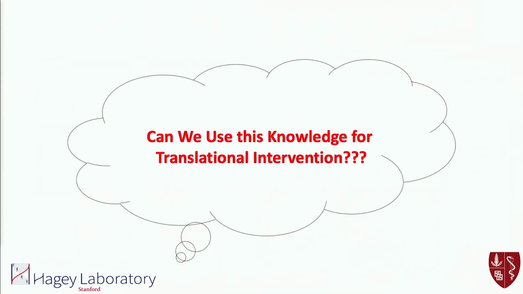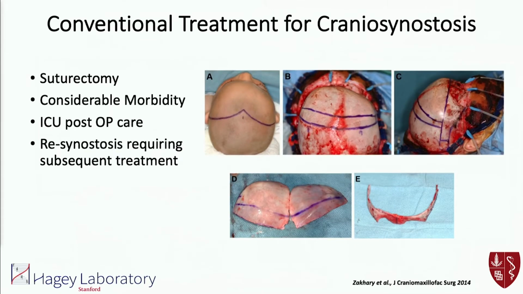So we next asked the question, can we use this knowledge for some level of translational intervention? The conventional treatment for craniosynostosis is a suturectomy, and quite often there is a subsequent resynostosis requiring follow-up treatment. And we wanted to understand if transplantation of skeletal stem cells could either prevent or delay the resynostosis and prevent a subsequent retreatment.